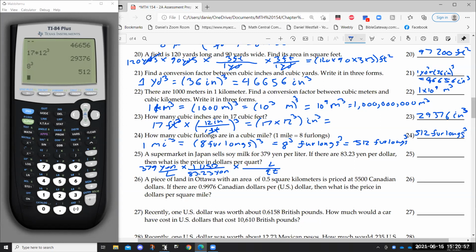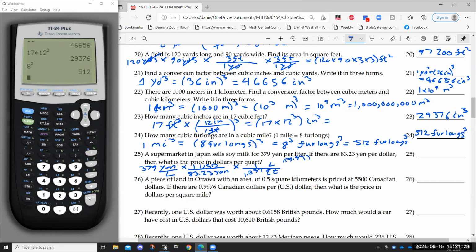It's on page 93 in your book. And it says 1 liter is 1.057 quarts. Okay. So this is on page 93 of your textbook.